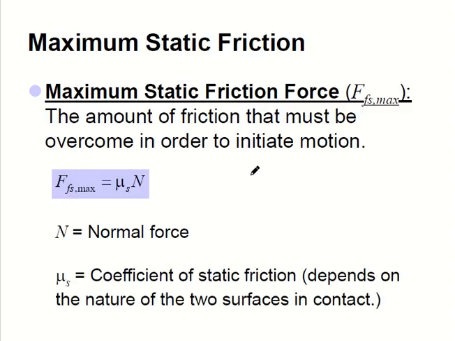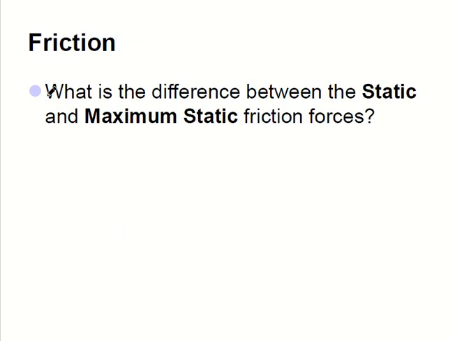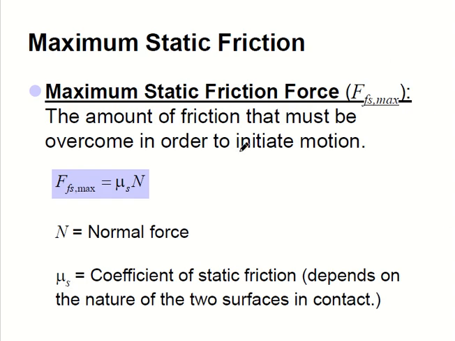Then we have to get into the difference between the static and the maximum static friction forces. Maximum static means it is going to oppose the motion. We go into the maximum static friction force, and we're going to write it this way. We see this little f, so we know that this is a friction force.